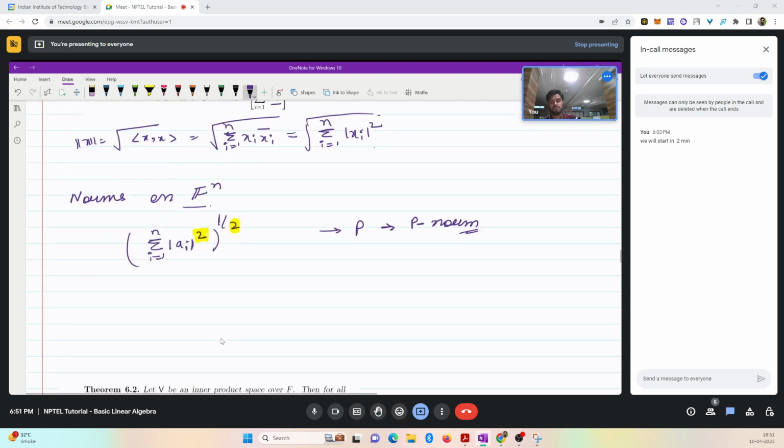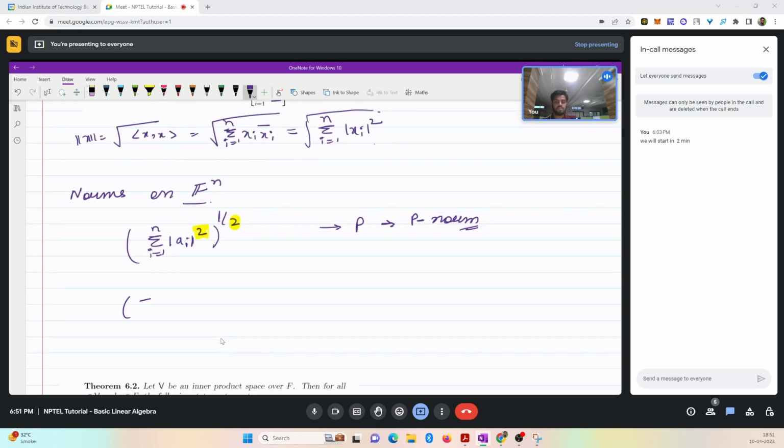So if you have the summation from i equal to 1 to n of mod of ai, mod of a is the length of a. So if it is a complex number, then it would be its length, or if it is a real number, then it would be just the modulus of a. So if I take any p over here, then this value will always be positive. Then I take 1 by p. This is called the p norm.